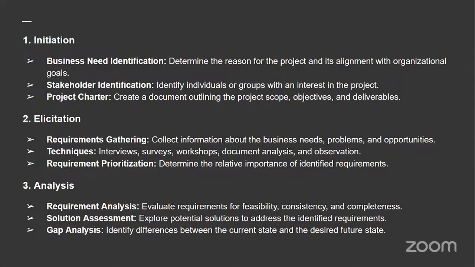Through this, you can also gather your information about that particular business. And you have workshops, whereby you organize something like a seminar. You bring people together and they ask questions, and you give them probable answers.